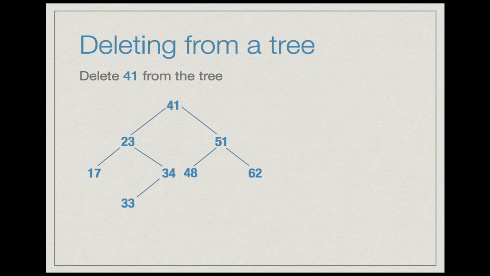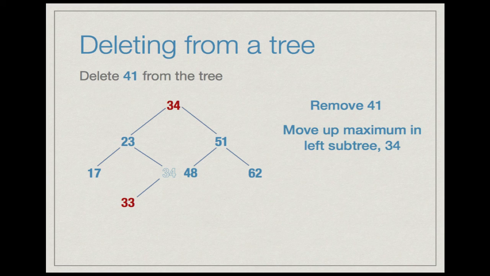To consider the same example again, suppose we want to delete 41 from this tree. We remove 41, and we find the maximum value in the left subtree, which is 34, and we move 34 up to the root. But now this leaves a hole at the position where 34 was.